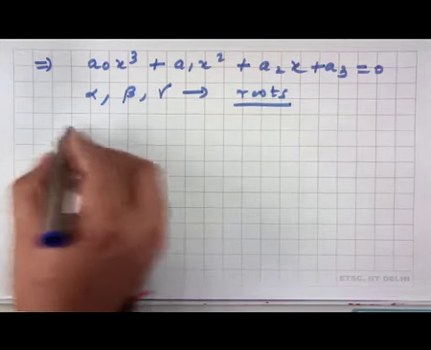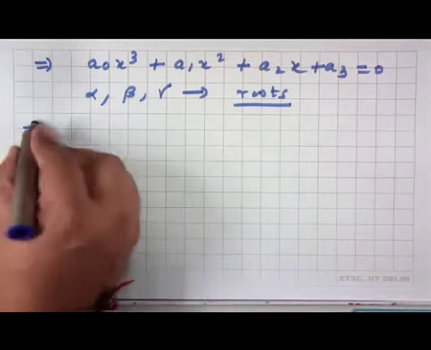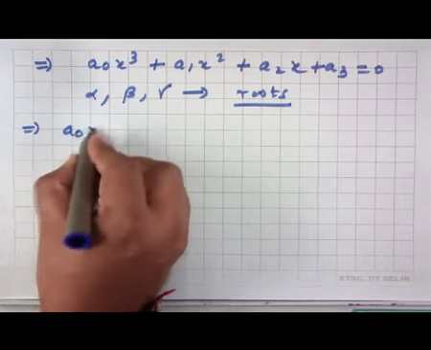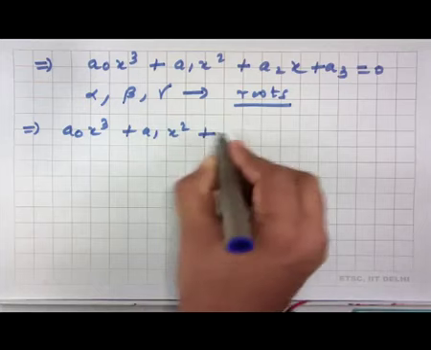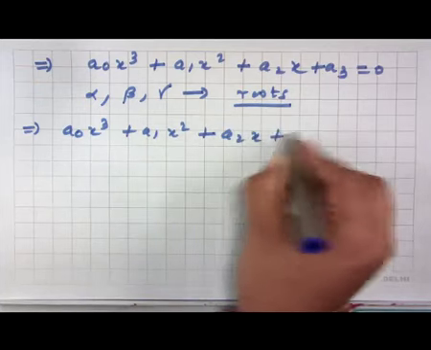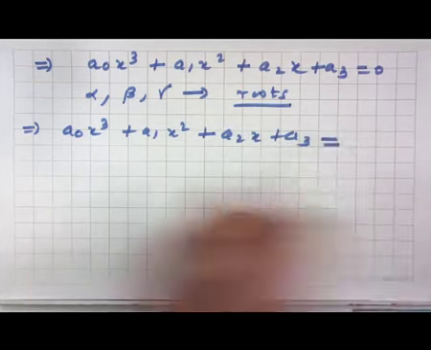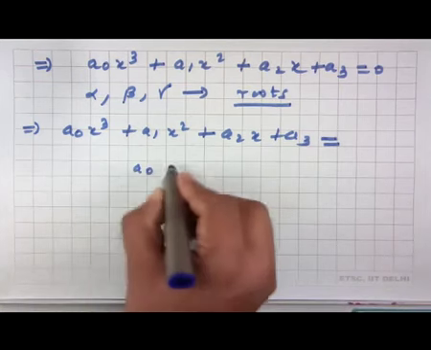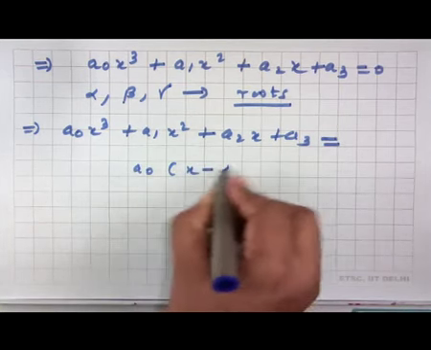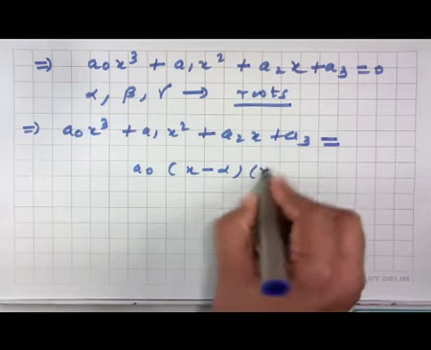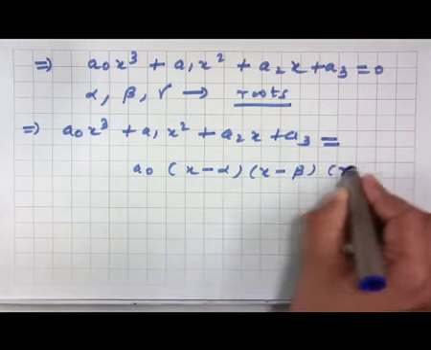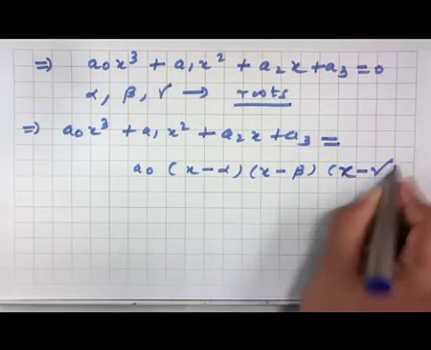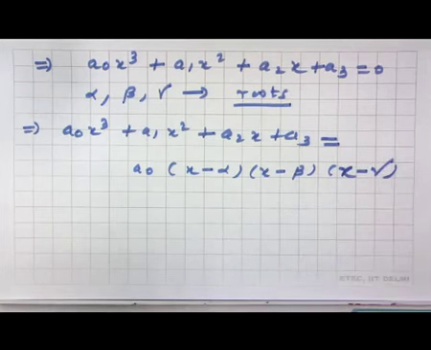Now, a0 x³ + a1 x² + a2 x + a3 equals a0 (x − alpha)(x − beta)(x − gamma). These two expressions will be equal.